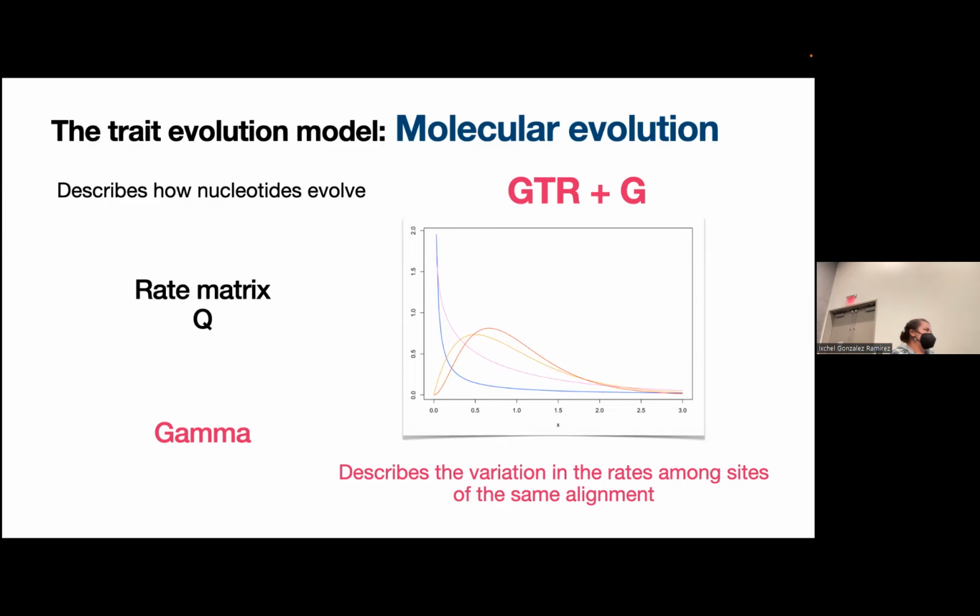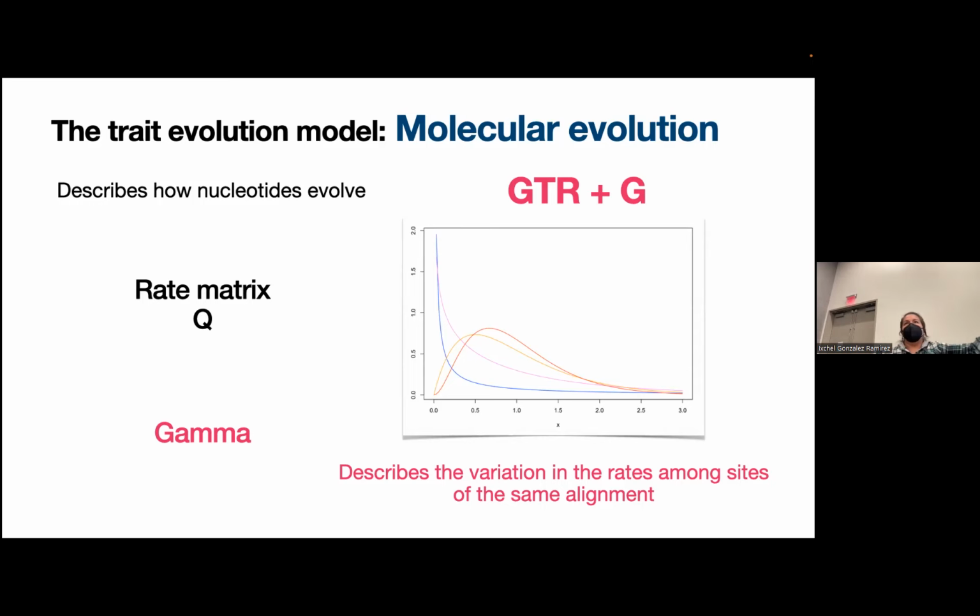For that variation, we use a gamma distribution, which basically says that different positions may have different rates. So we use the same Q matrix, but we put them in different bins. In this case, I would be using 4 bins, and I would multiply by a value.